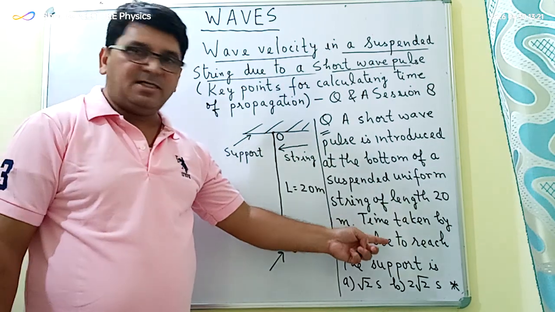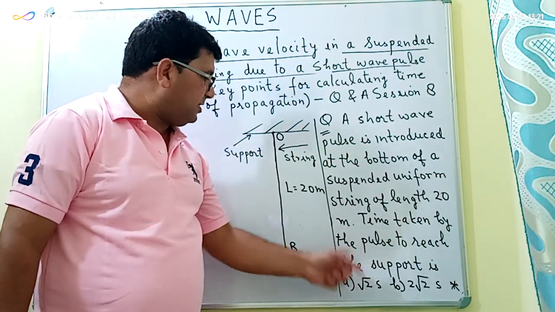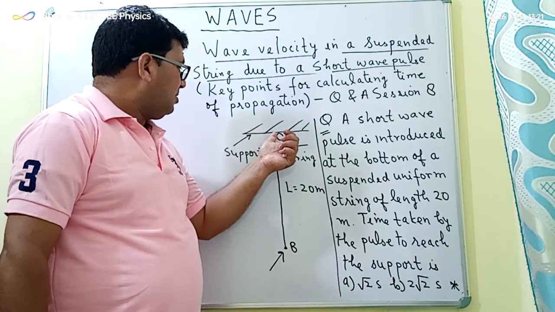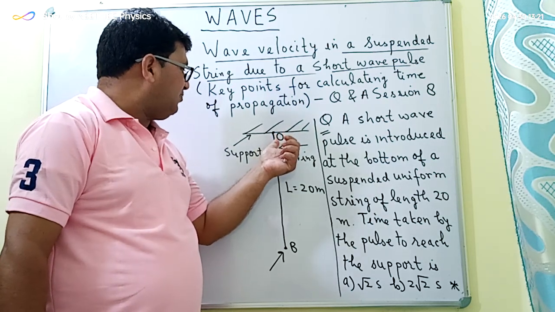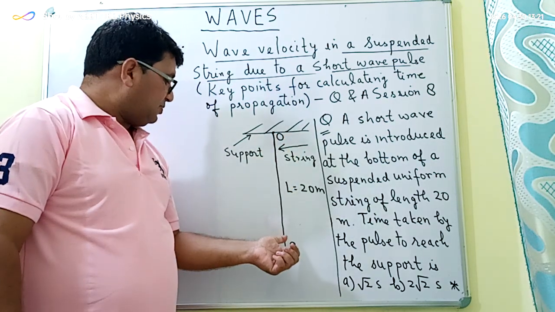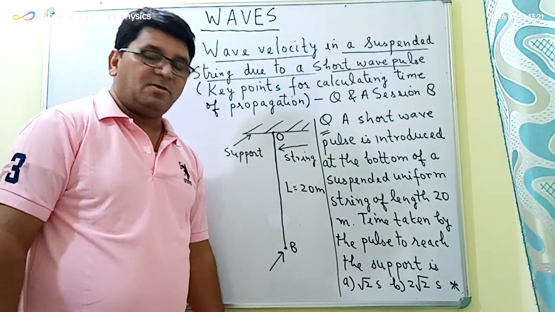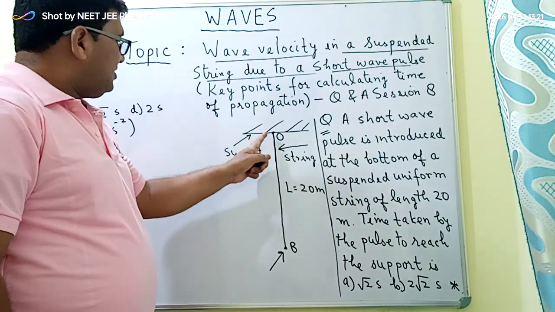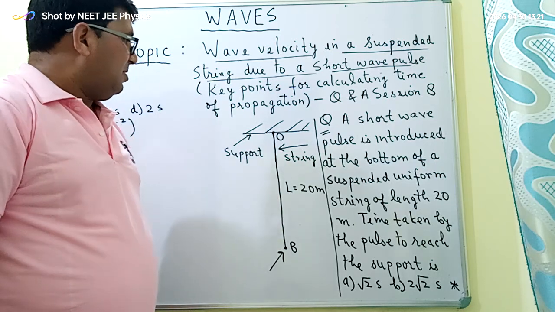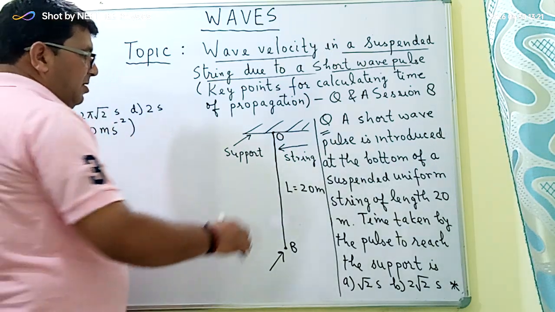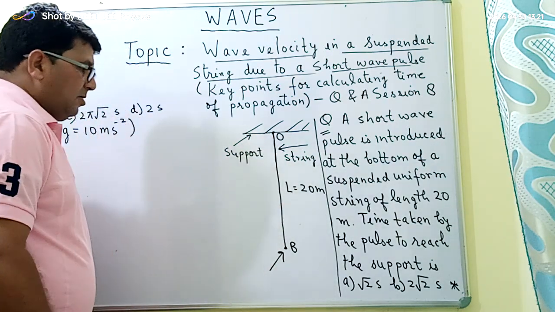We have to find the time taken by the pulse to reach the support. This is the point of support which I have depicted here as O. So we have to find the time taken by the pulse to reach this point O.